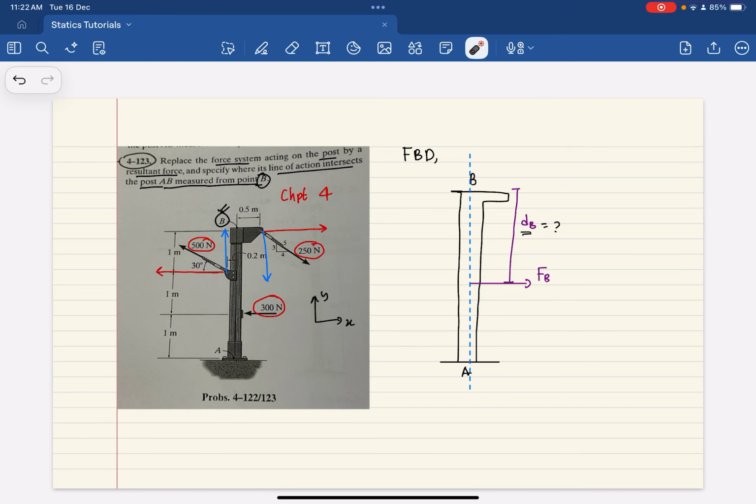Now for the second force, the 250 newtons, it has a distance of 0.5 meters from B. Its x component is on the same line, so it will not generate any moment. But the y component of this 250 newton force will generate a moment because it's perpendicular, creating a clockwise motion as well.